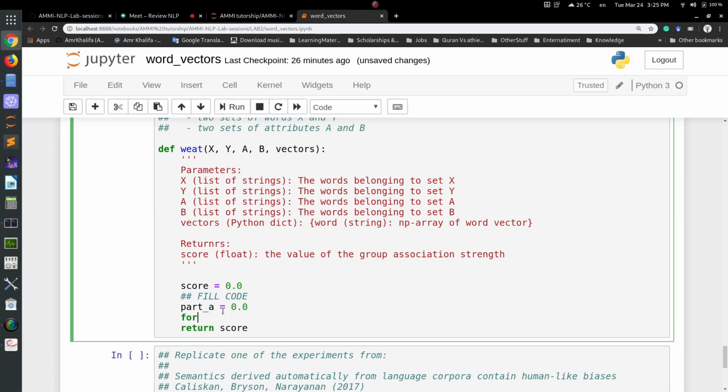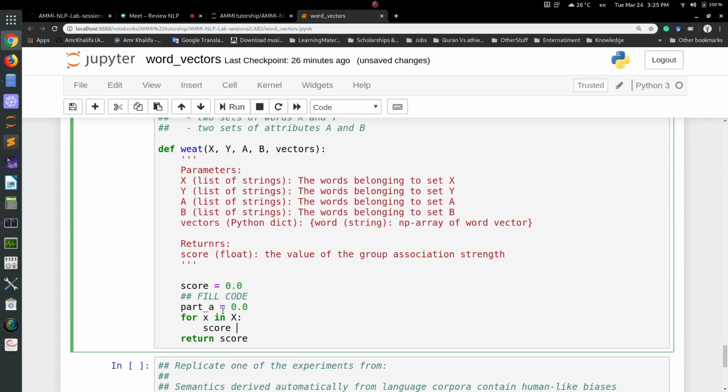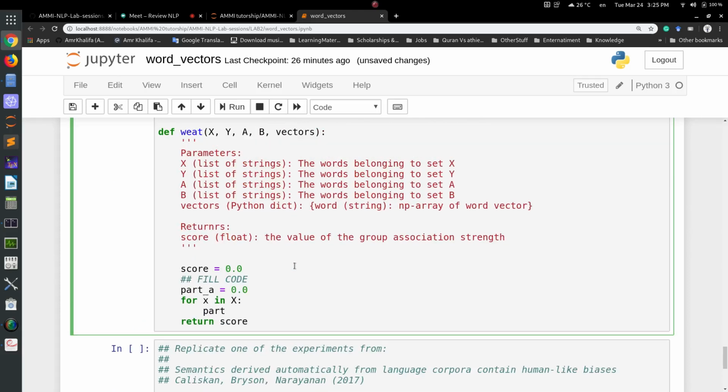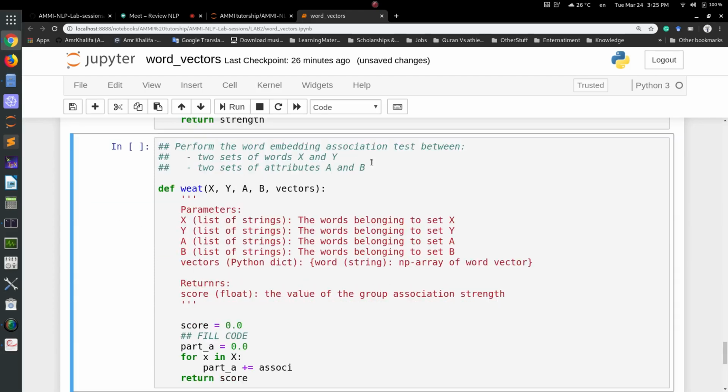For x in X, part A plus equals the association strength of the word x, and then A and B, and we have the vectors.